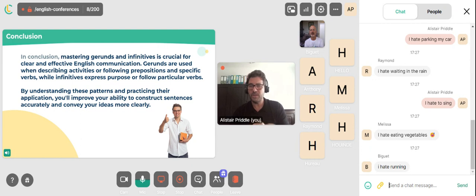Gerunds are used when describing activities or following prepositions and specific verbs, while infinitives express purpose or follow particular verbs. By understanding these patterns and practicing their applications, you'll improve your ability to construct sentences accurately and convey your ideas more clearly.